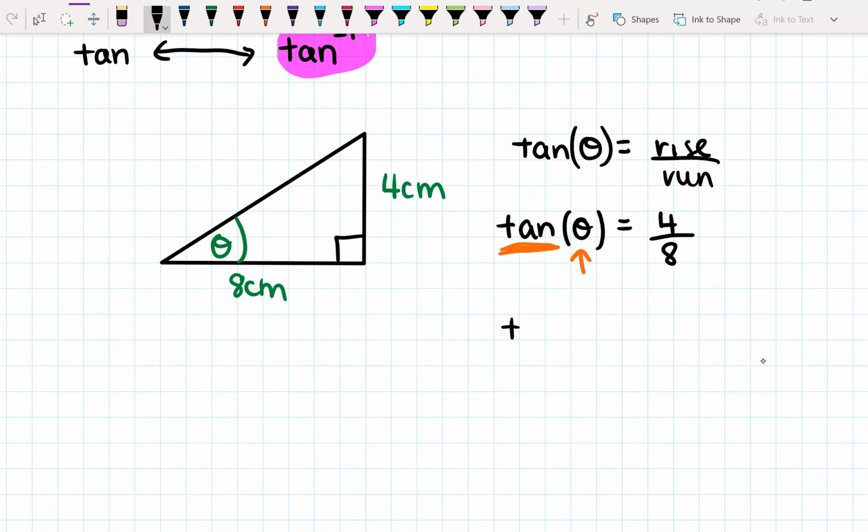So we have the tan of theta, and what we're going to do is the inverse tan of this. We're going to undo tan to be left with just theta. If we do inverse tan to that side, we also need to do inverse tan to the other side.